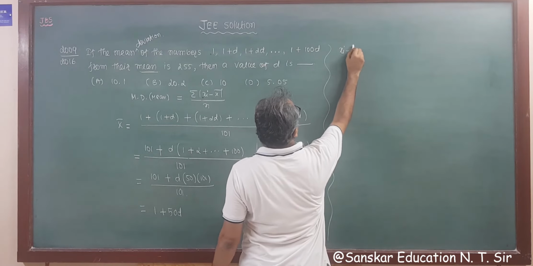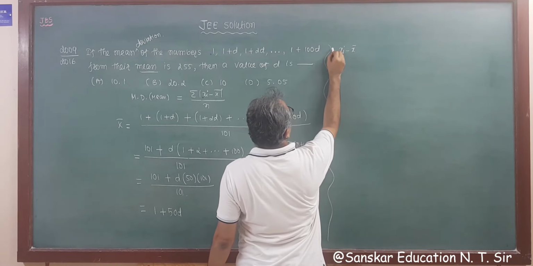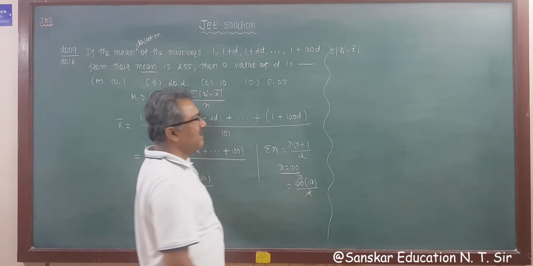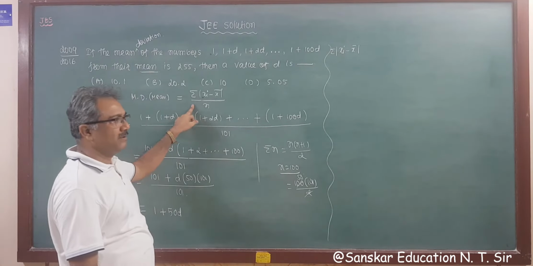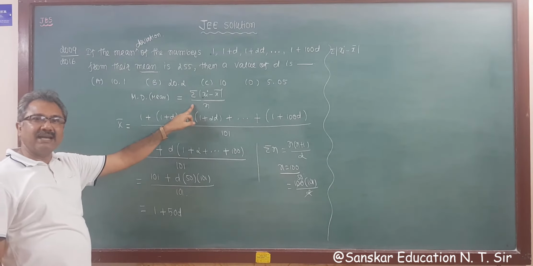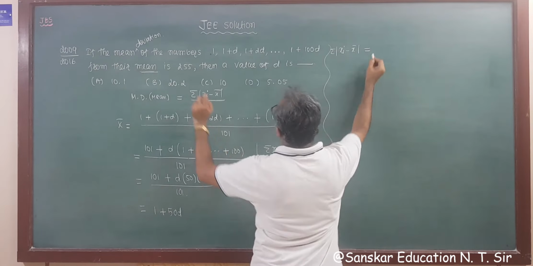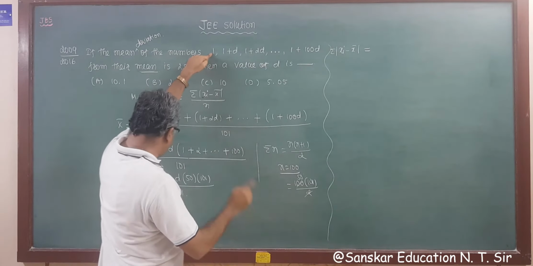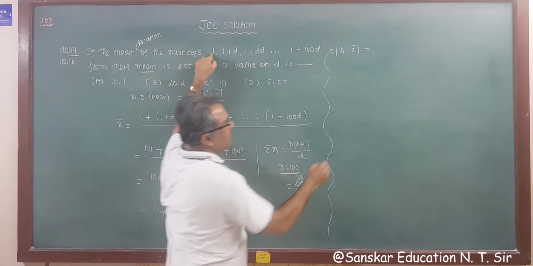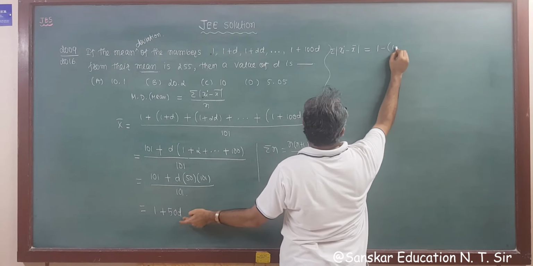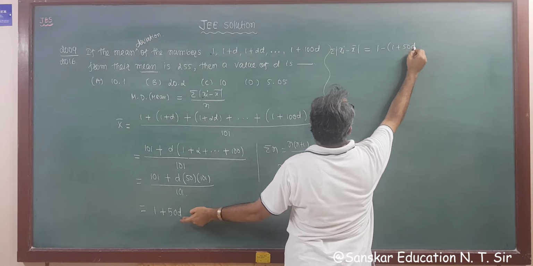I'm writing sigma modulus of xi minus x bar, then we divide this by n. So the first observation is 1 minus x bar, that is 1 minus (1 plus 50d). This is the first observation.